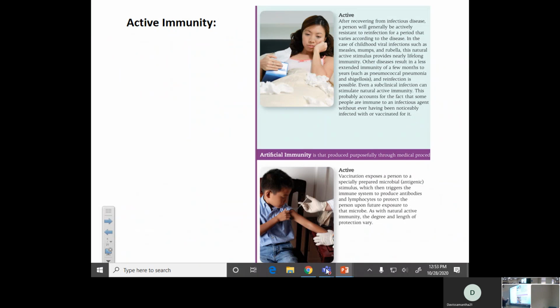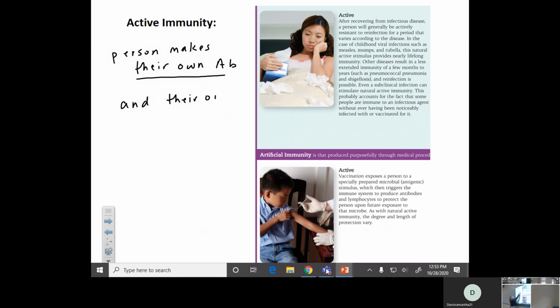Okay, so active immunity, the person who has it makes their own antibodies. They're making their own antibodies, and that's what makes it active. And their own immune memory.